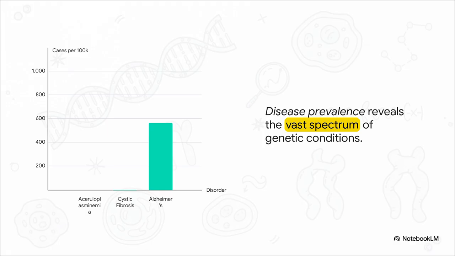This vast spectrum highlights exactly why global tracking and massive data sharing are so absolutely essential for rare disease research. For a doctor to even begin to understand a mutation that occurs once in 2 million people, they need data from all over the world. And for the families managing these chronic, ultra-rare genetic conditions, finding support resources and building community awareness can feel incredibly isolating. It really makes early detection and public awareness absolutely vital.